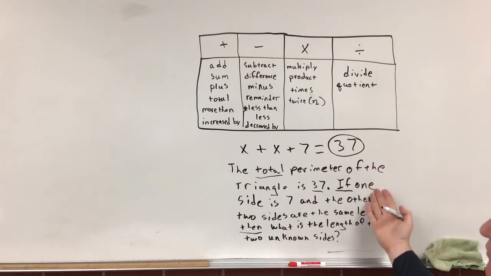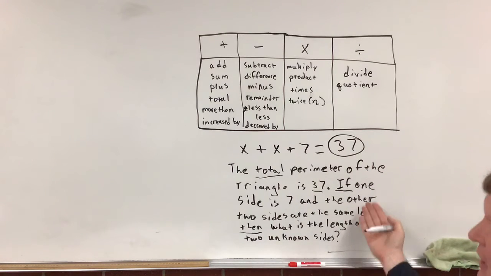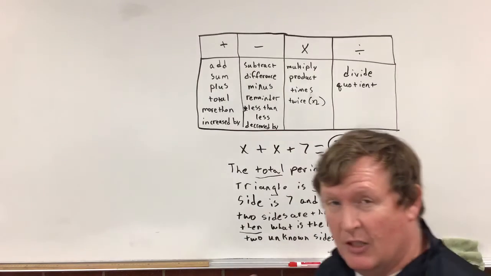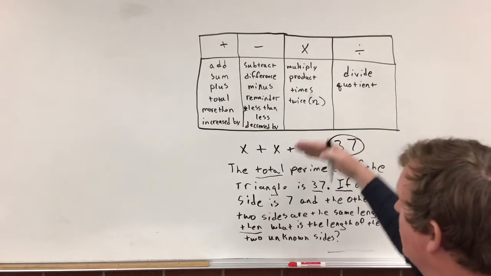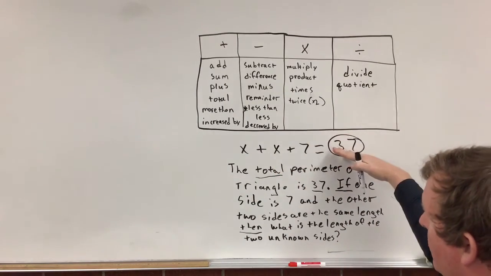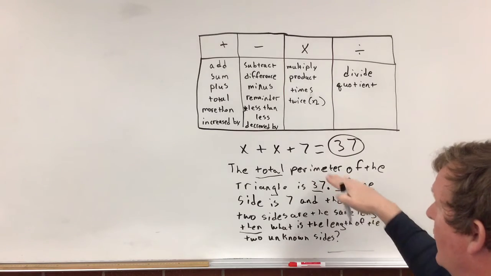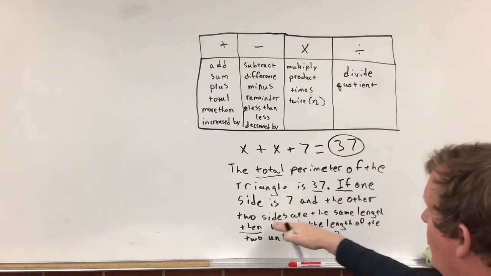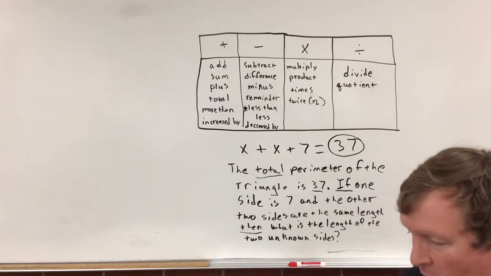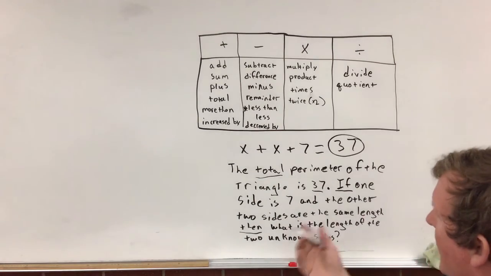Okay? If we know this, then what is the length of the unknown? Okay? You make it that simple. So we say what the total of the problem is. Then we say if we know this, then what is the one that we don't know? So we know, and then what we don't know. Okay? So that's kind of the setup.